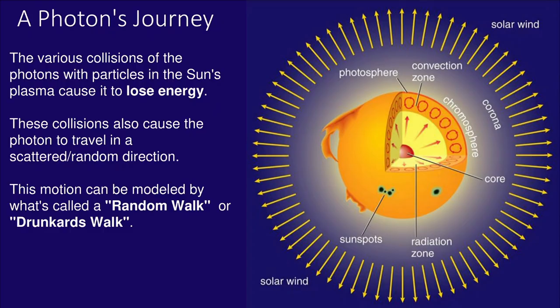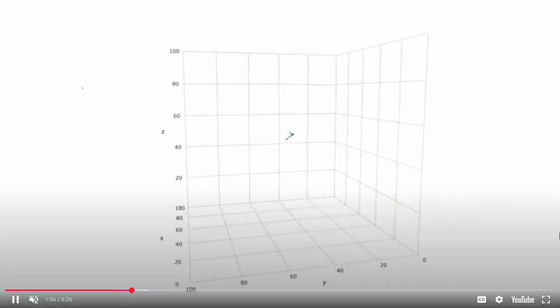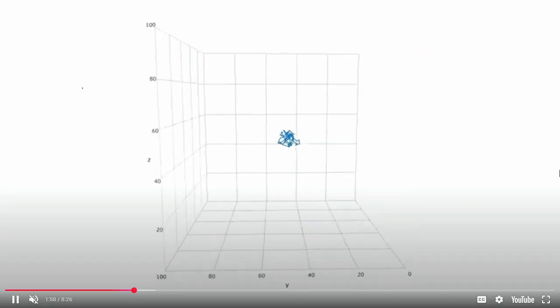So we model that behavior in what's either called a random walk or a drunkard's walk. That's a real physics term that we use to describe basically an iteration of random motions over time. And here's a simulation of what that kind of motion looks like.